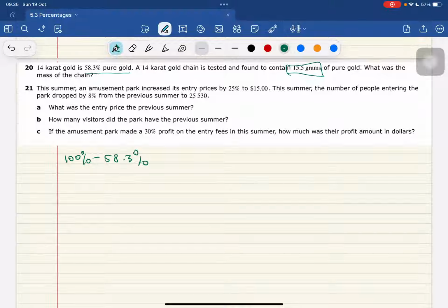So 100 minus 58.3 is 41.7. So for this we multiply 15.5 by 41.7 over 100.